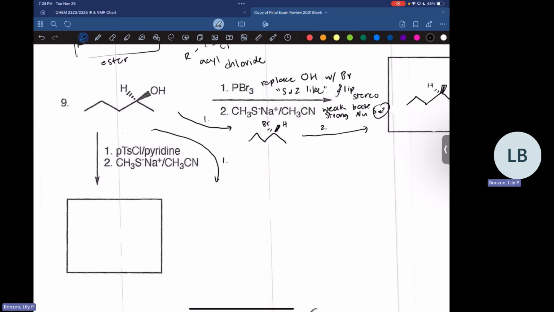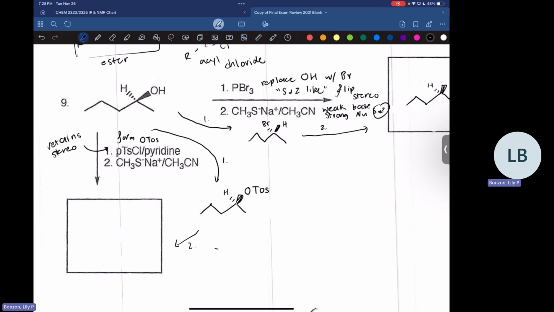So going down, we have the tosyl chloride reagent. And so this one, we are going to form the OTos, and this one retains the stereochemistry. So our hydrogen stays on the dash, our OH becomes OTos, and it remains on the wedge. And then step 2, it's the same reagent as the group going to the right.